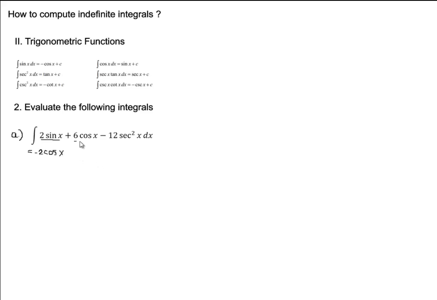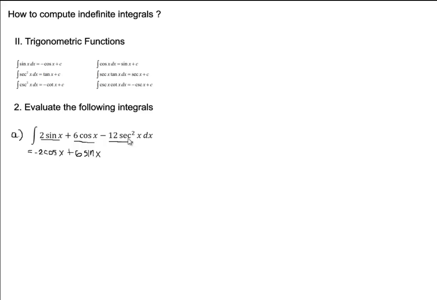And second term, 6 cosine x. The integral of cosine is positive sine, so plus 6 sine x. And third term, negative 12 secant squared.